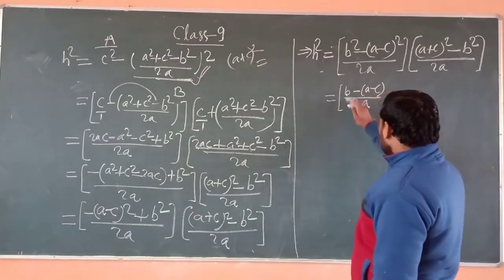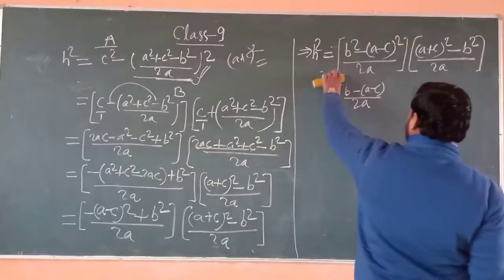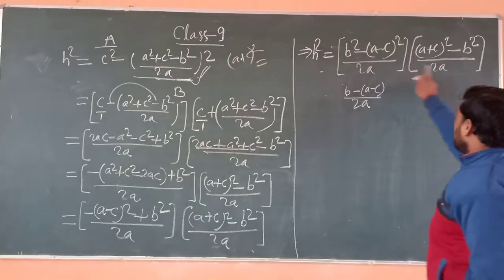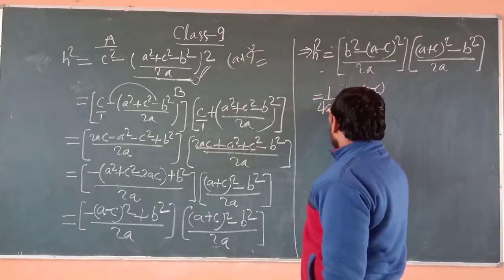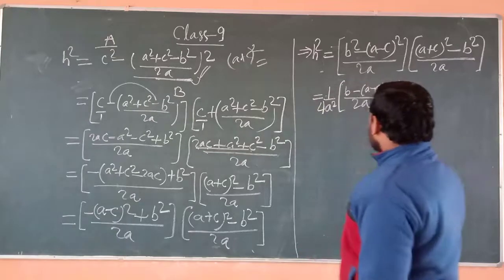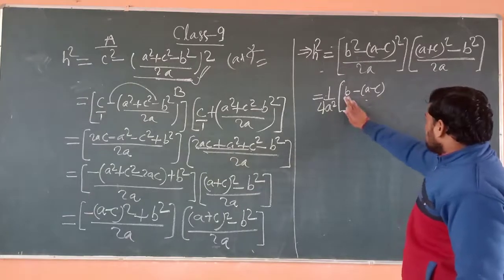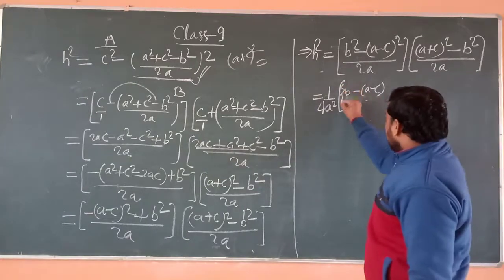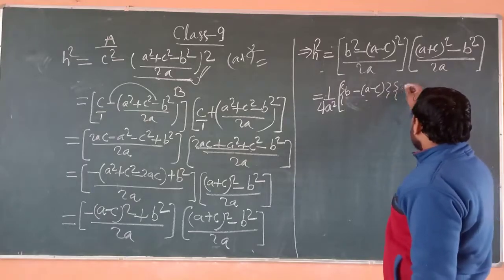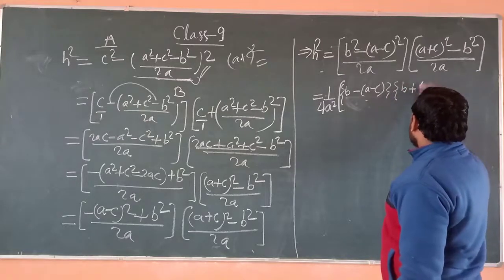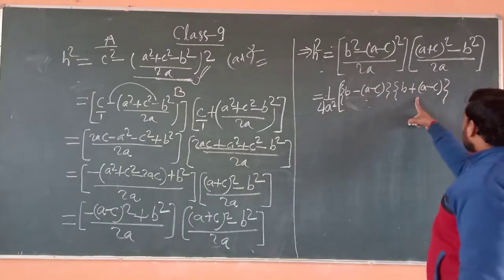Take 1 upon 2a into 1 upon 2a, that is 1 upon 4a square, common out. Then b minus a minus c is (a minus b) into (a plus b), then b plus a minus c into (a plus b) into (a minus b).